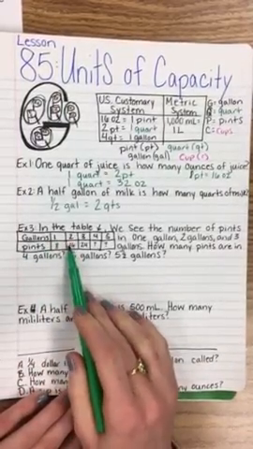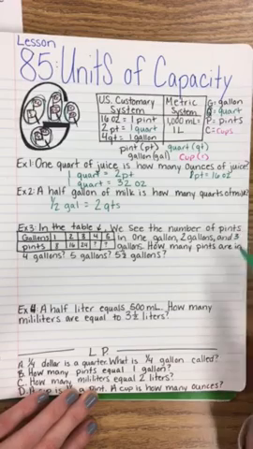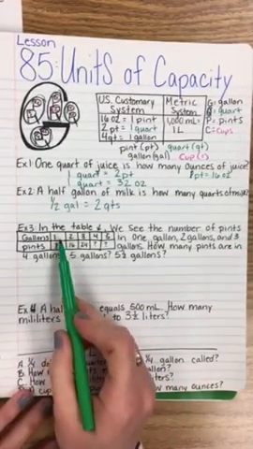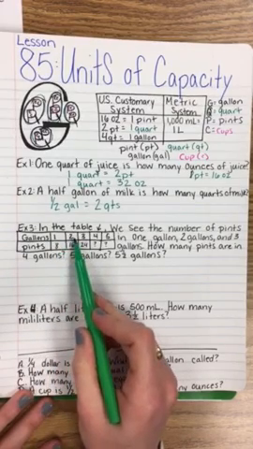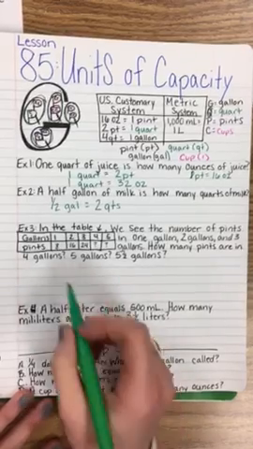Example 3, in this table, we see the number of pints in 1 gallon, 2 gallons, and 3 gallons. How many pints are in 4 gallons? If you look at the relationship, 1 gallon is 8 pints, 2 gallons is 16 pints, 3 gallons is 24 pints.